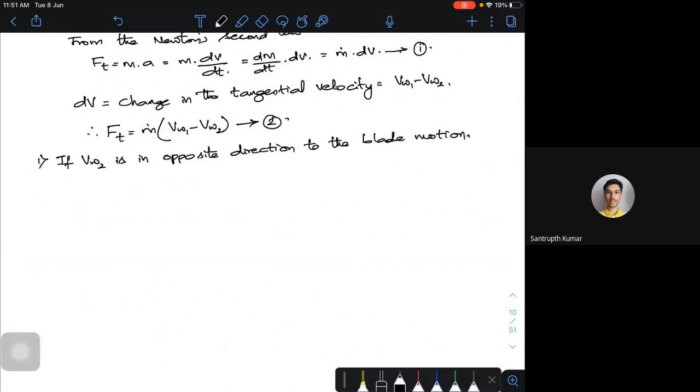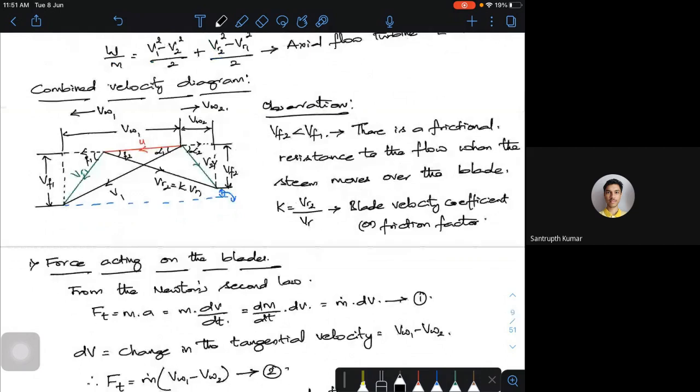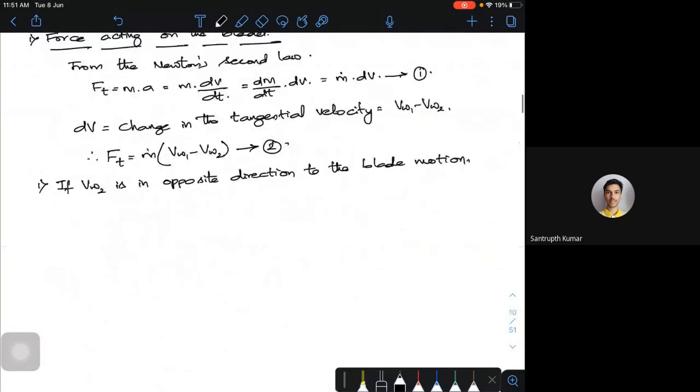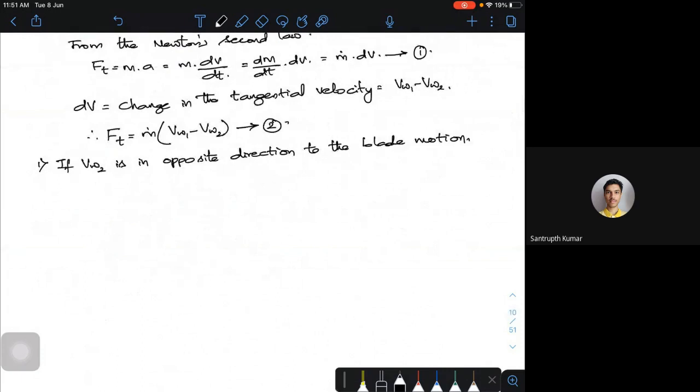The blade is moving in the same direction as U, which is in the left direction, and Vw2 is in the opposite direction. So for this condition, Vw2 is negative.